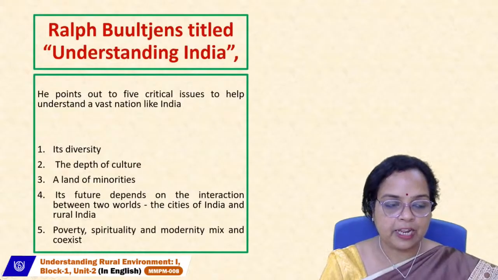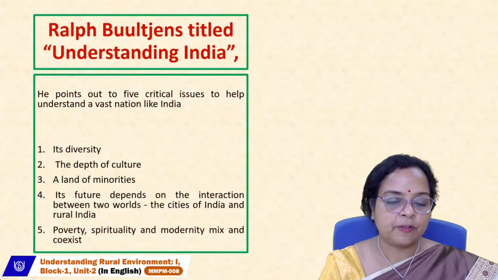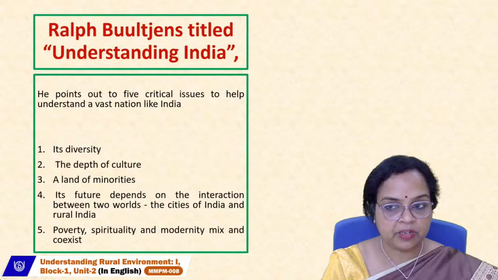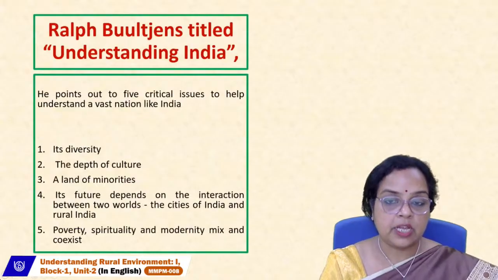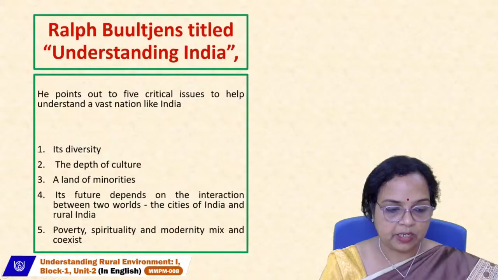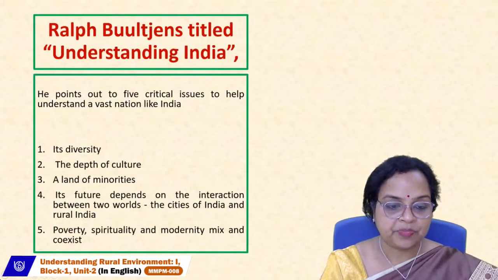If urban life can understand the requirements of rural life, and rural life can understand the requirements of urban life in terms of food items, daily grain items, fruits, vegetables, and product and services, India can achieve success.